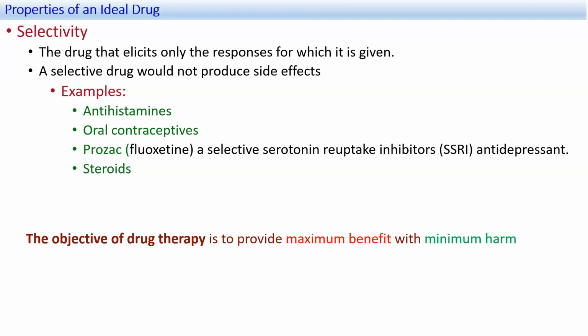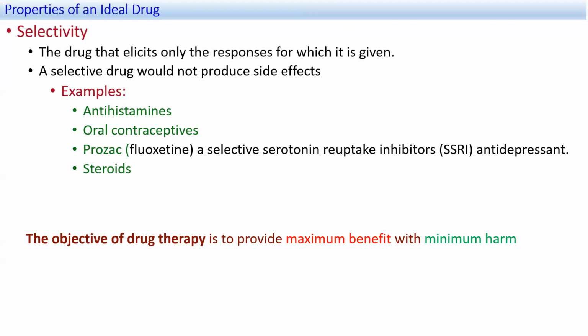The drug was intended to control the allergic reaction, but at the same time it resulted in sleep. The sleepiness is a side effect of that same drug, which was supposed to selectively stop the allergic reaction.